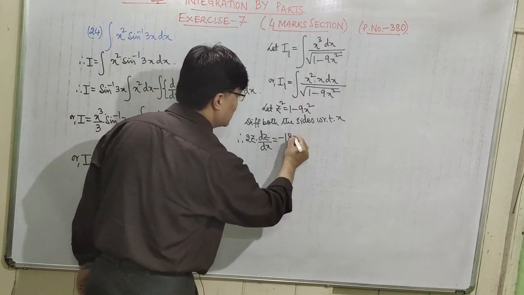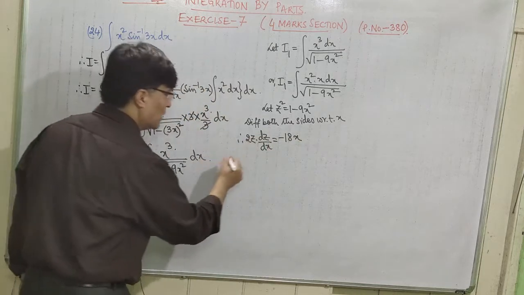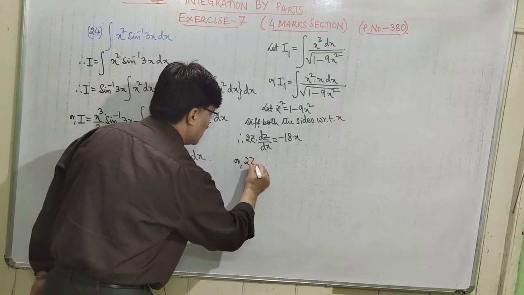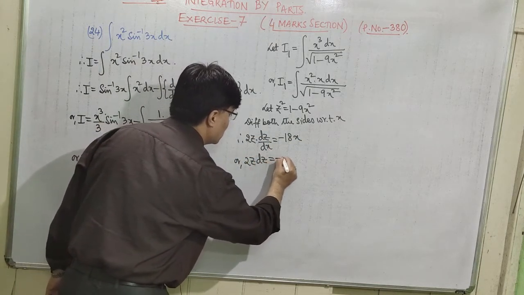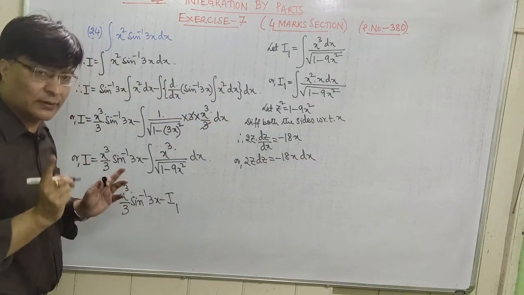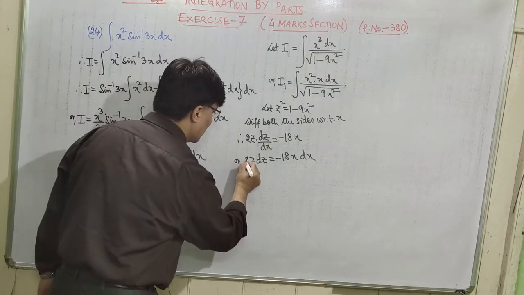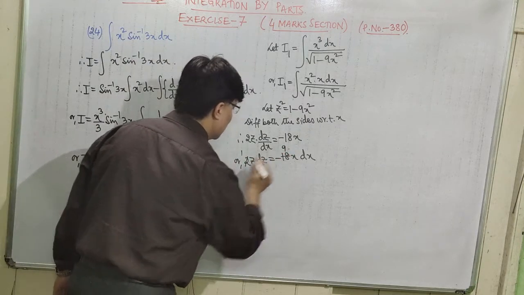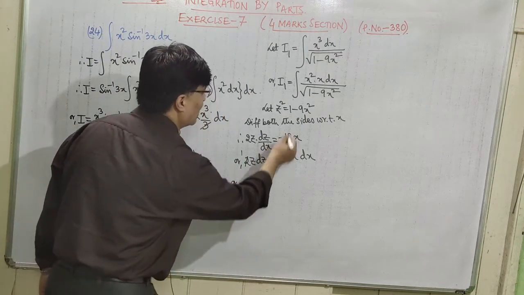Minus 9 2s are 18x. So let us do cross multiplication. 2z dz is equal to minus 18x dx. Okay, so you can cancel here, 2 1s are 2, this is 2 9s are 18. So let us get the value for x dx.